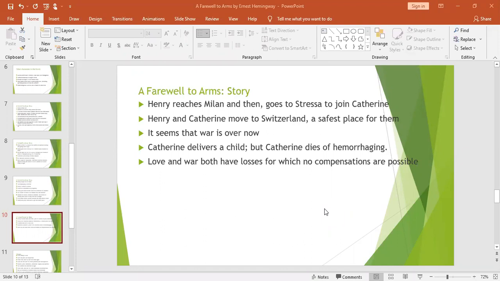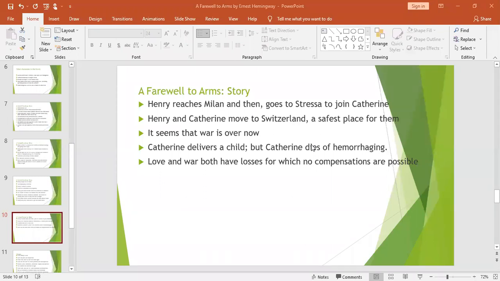It seems that war is over now. Catherine delivers a child, but Catherine dies of hemorrhage. Love and war both have the same losses for which no compensation is possible. Now, basically, this is related with the theme. In the last episode of this story, we come to know that Catherine dies and Catherine is no more, but Henry is not happy about his child because he loses Catherine in that struggle.